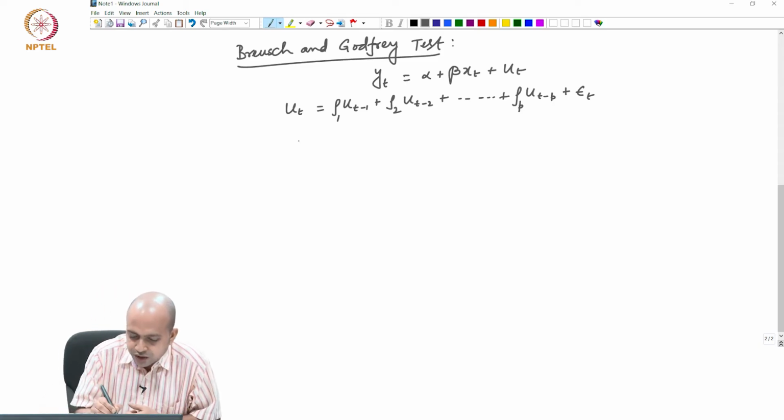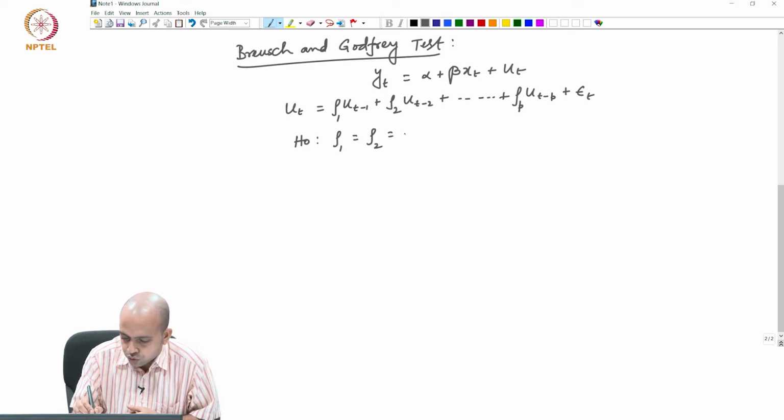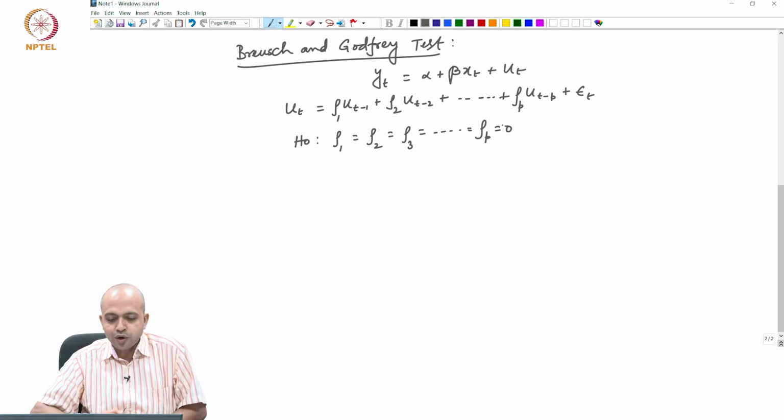Okay. So what is our hypothesis here? Our null hypothesis is that rho 1 equals rho 2 equals rho 3 equals rho p equals 0. Since our claim is the presence of autocorrelation, the null is that there is no autocorrelation.